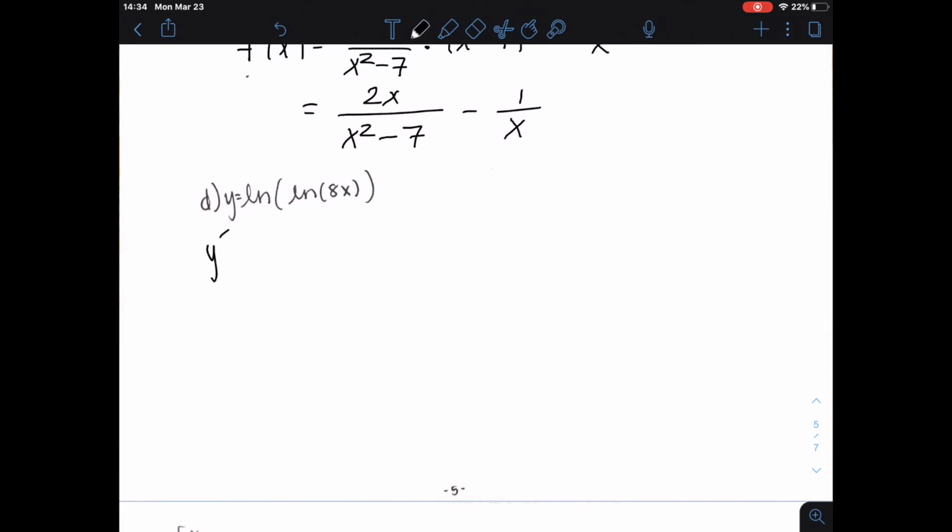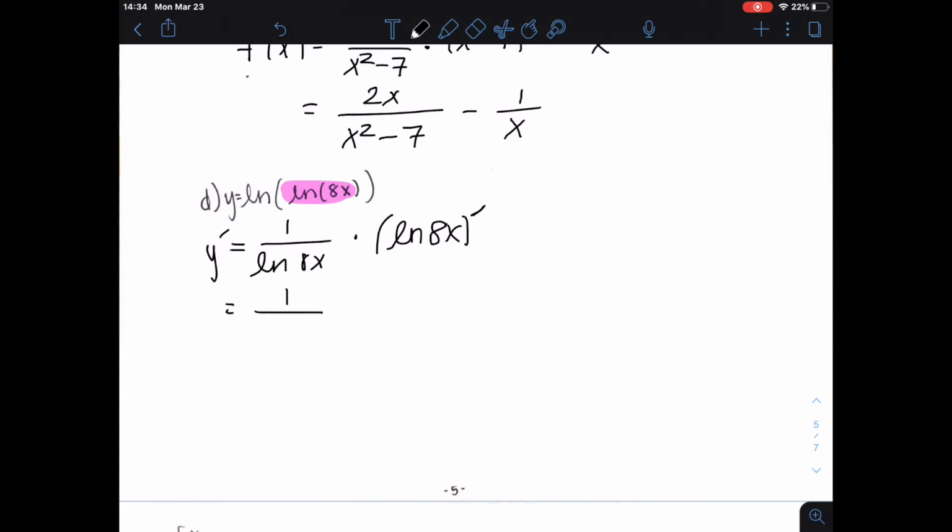So remember, we want to work from the outside in. The outermost function is that first natural log. So you get 1 over the inside function. So you get 1 over the natural log of 8x. And now chain rule tells you you've got to multiply by the derivative of the inside function.